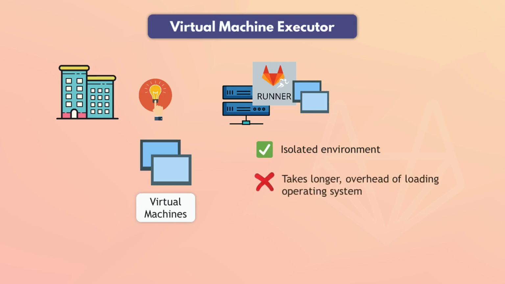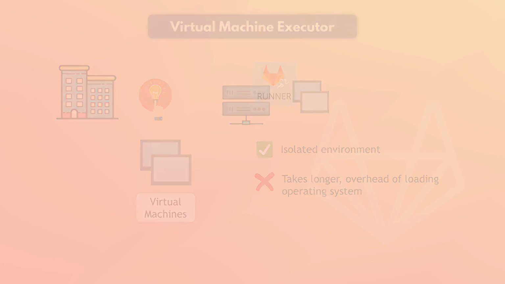However, note that this will take longer because for every job, a new virtual machine needs to be loaded and created, which means loading the whole operating system. So obviously the whole pipeline execution will take longer. So while you still have the advantages of having isolated environment for each job and easy to manage dependency versions, etc., it slows down your pipeline execution.